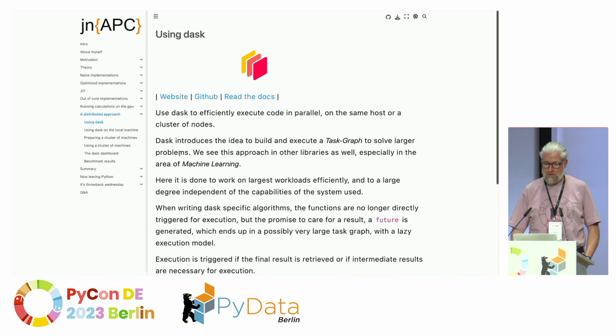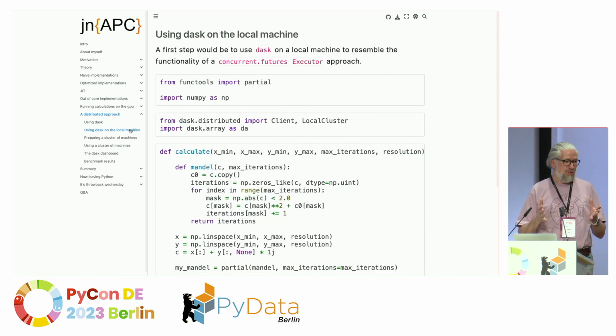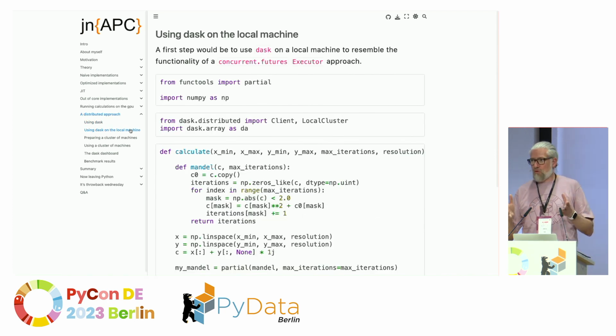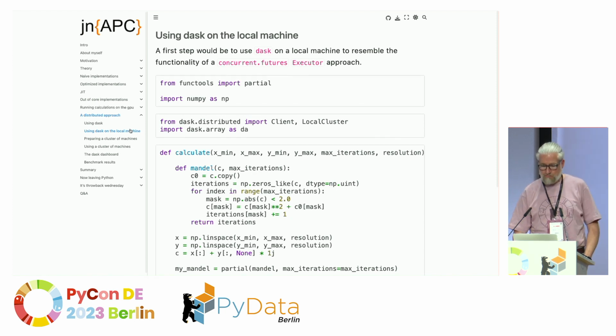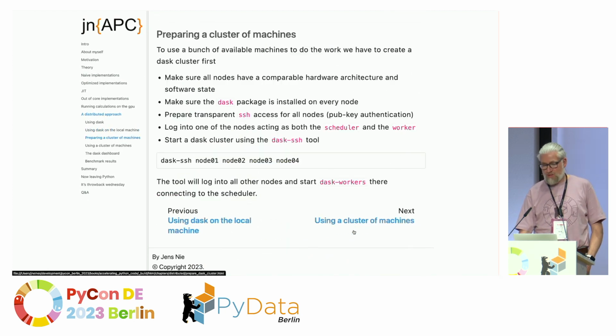You might have a look at it later on. And you can start using Dask on your local machine. It also follows the concurrent futures interface, the idea being to split your work into pieces, map your function performing the work, and putting all things together afterwards. And then you can, if that works, scale out, use many clusters.